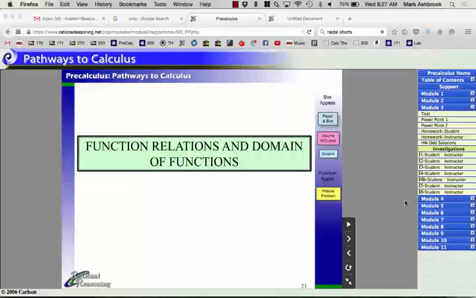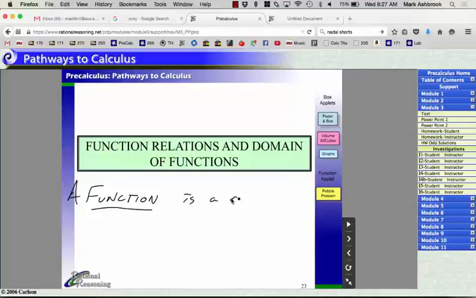But functions are relationships of two changing quantities, okay? We know what quantities are, right?